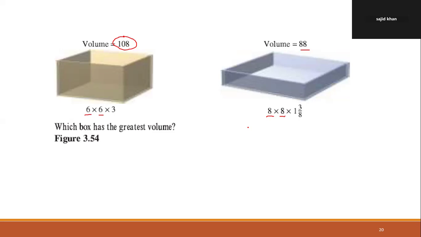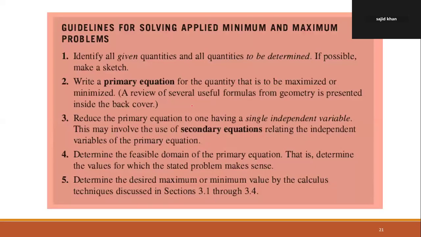So what is important? Important is to first of all do the mathematical calculation for such problems where our job is to optimize the situation either toward the minimum side or toward the maximum side. We get useful information. So overall, when we solve such problems, we have these guidelines. What are the guidelines? First of all, identify the given quantities and all quantities to be determined.